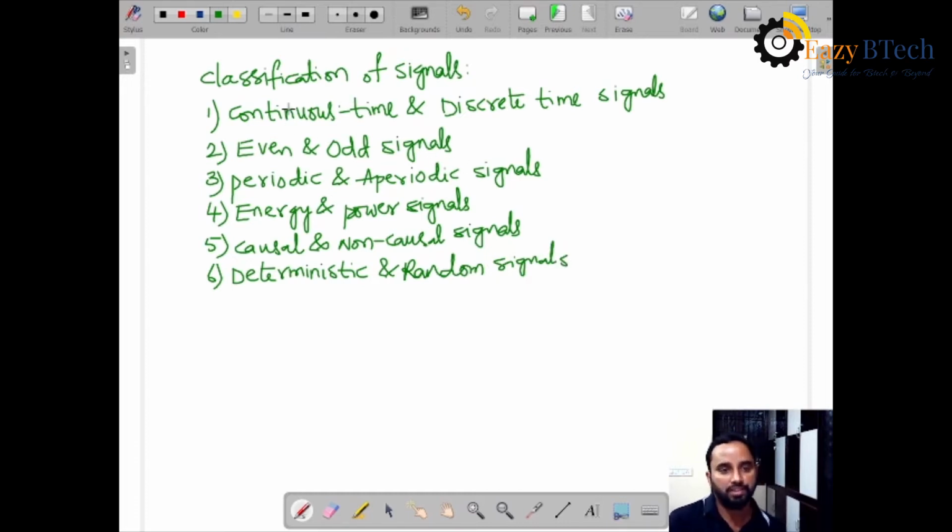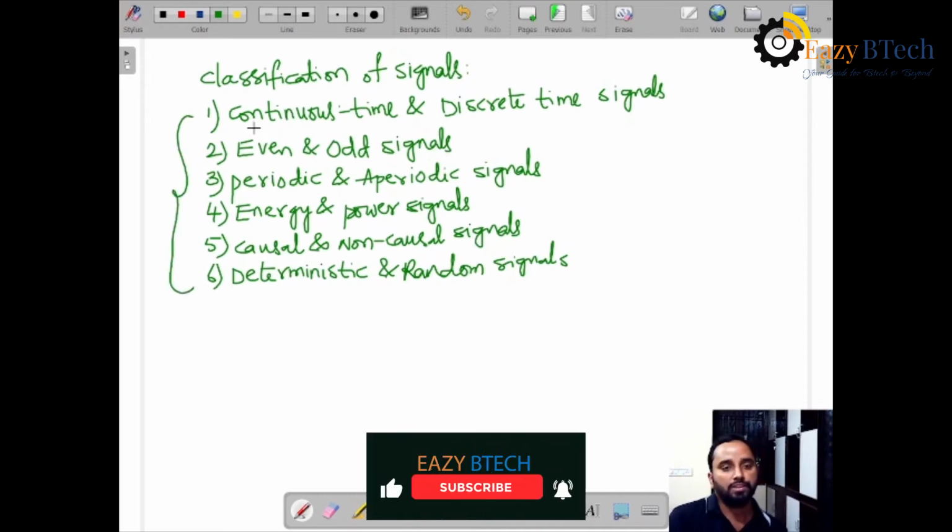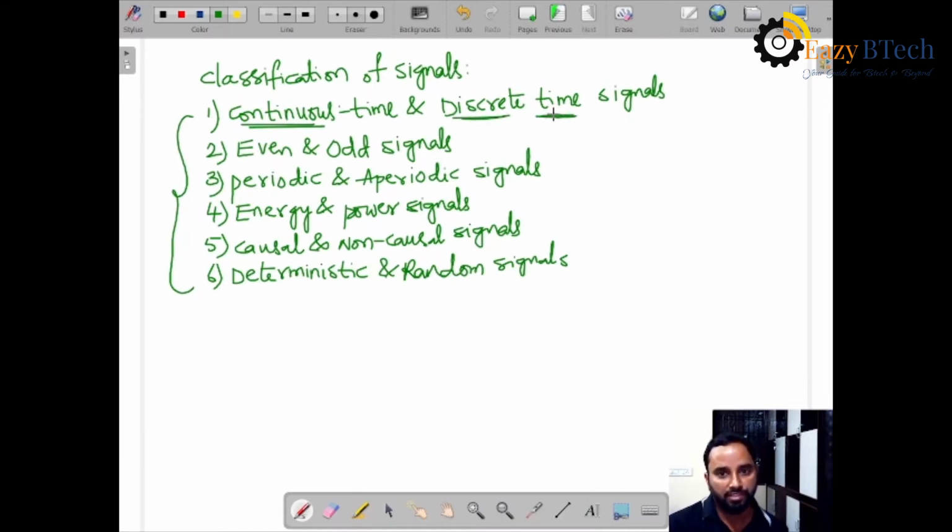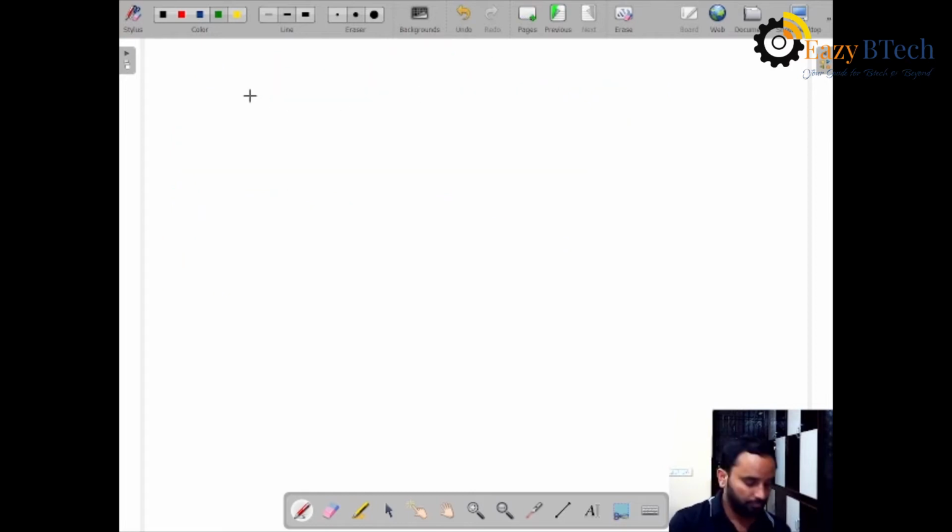So this is the classification of signals. Let's go to the first one, continuous time and discrete time signals. We have already seen this at the beginning of our subject, but again we discuss it.